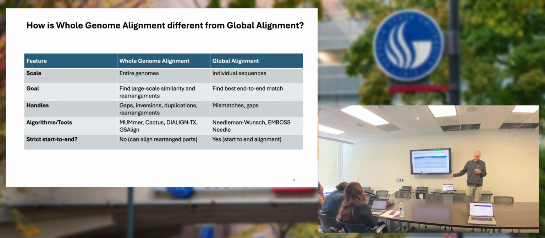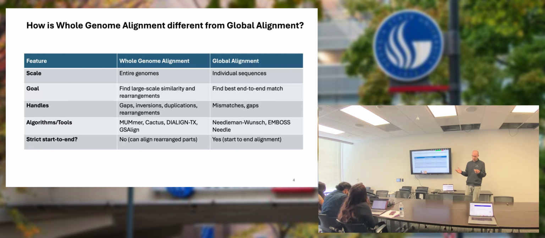So then there is another term, global alignment, which sounds kind of similar. So I wanted to point out what is the difference between whole genome alignment and global alignment. So the main difference is that when we say that we align entire genome, we don't necessarily imply that the entire genome consists of only one sequence.